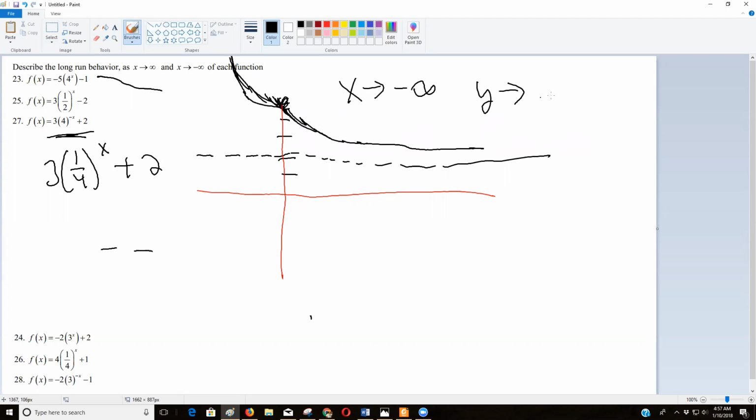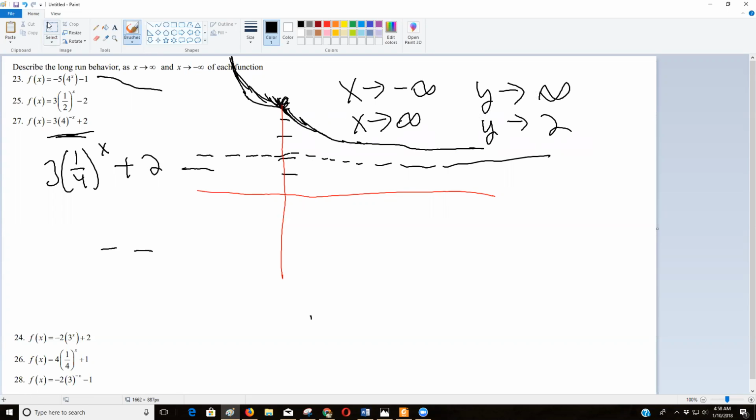I hope you said it's approaching positive infinity. As x approaches positive infinity, what's happening to y? I hope you said it's approaching that asymptote of y equals 2. So y approaches 2. And it's that easy.